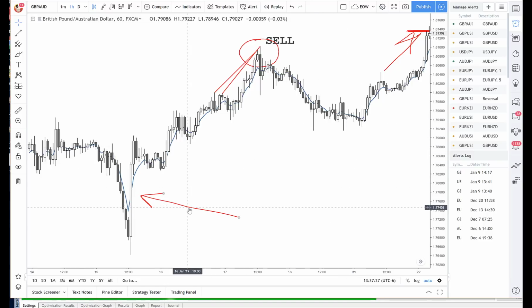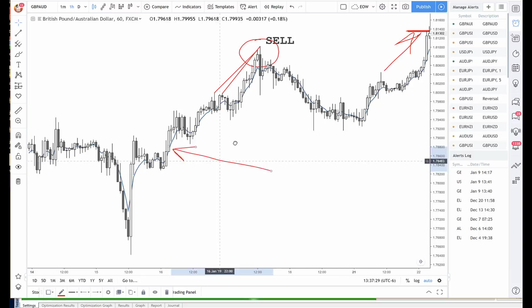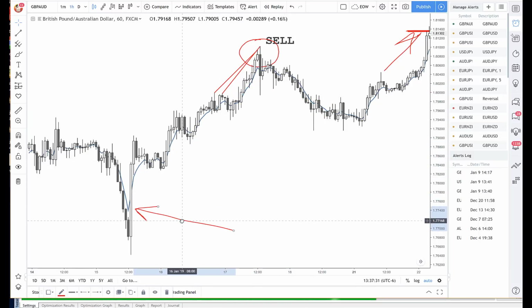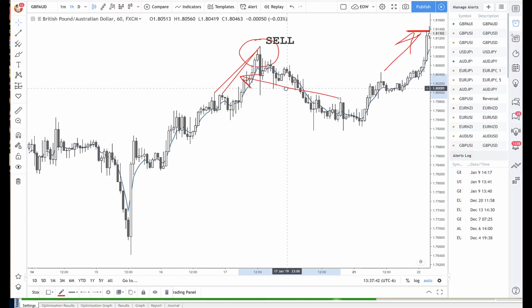Okay, you look for the flash move. After the flash move occurs, we believe that this move is too big to be sustained and that the market will eventually fall. But we don't want to sell immediately. We want to wait for divergence. So the robot will wait for a divergence signal.